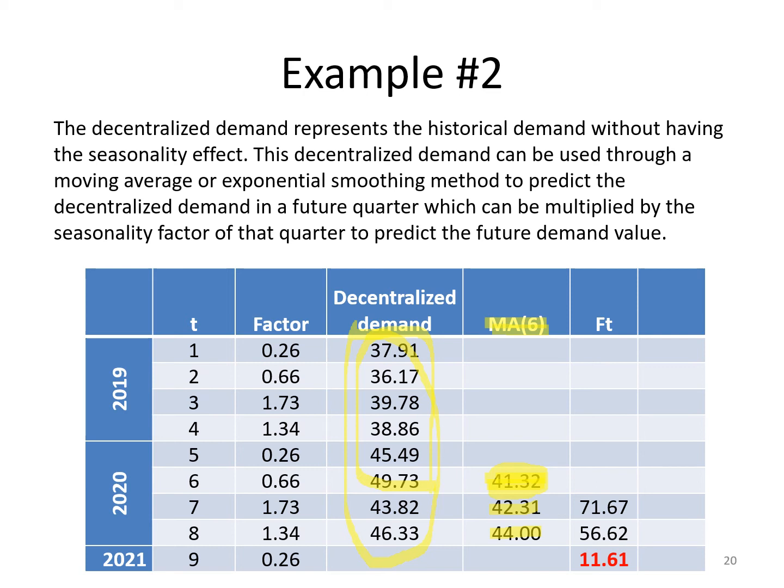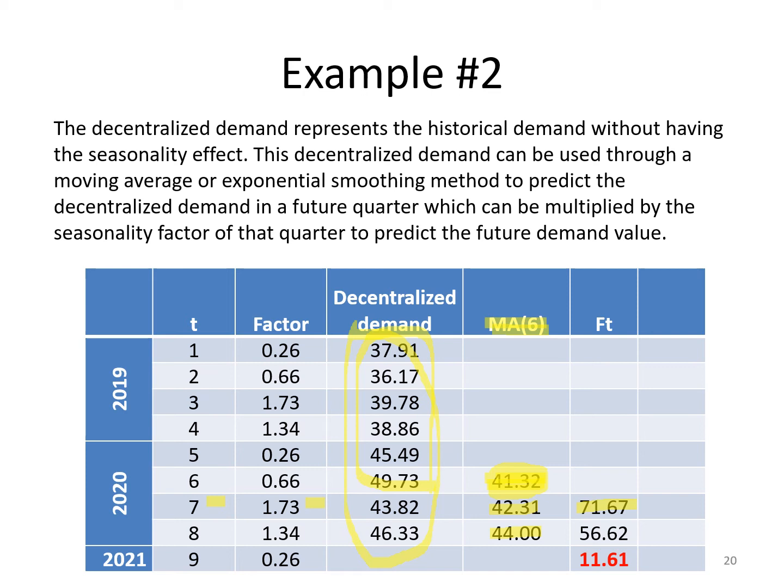Now this value would represent the forecasted demand for period 7 based on the decentralized demand. So it's like the forecasted decentralized demand for period 7. Now, if I multiply this value by the seasonality factor that corresponds to period 7, I will come up with 71.67. And that's exactly the forecast for period 7 using this technique.